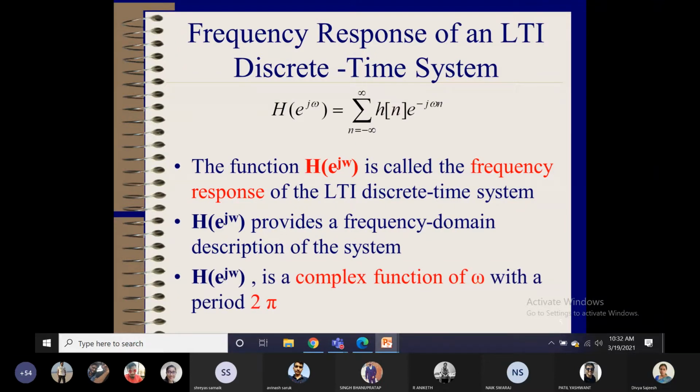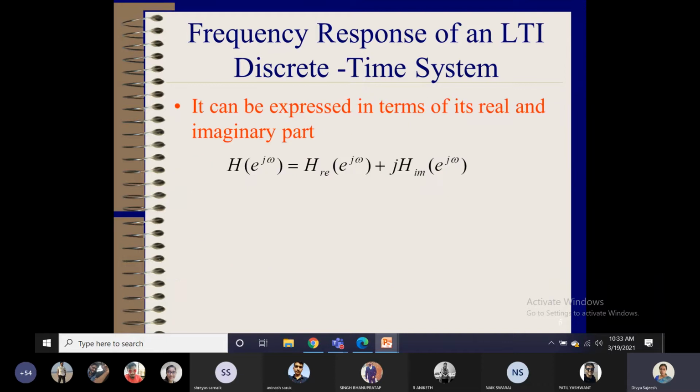Now H of e raised to j omega, from the function itself we can make out, is a complex function of omega with a period of 2 pi. Even though we are converting into the frequency domain, H of e raised to j omega is a complex function of omega with period of 2 pi.